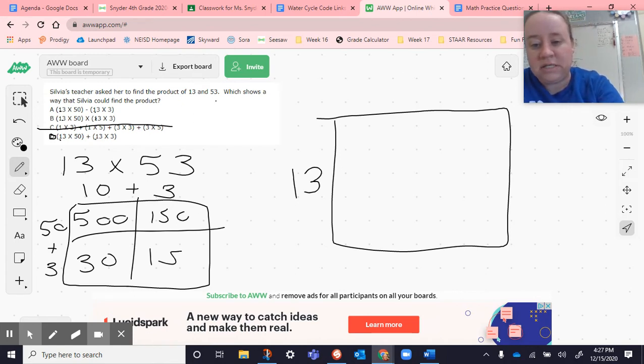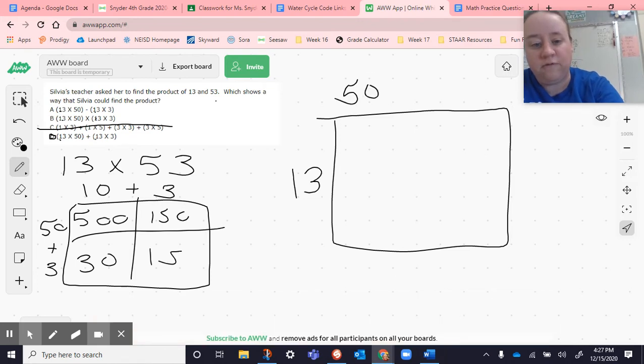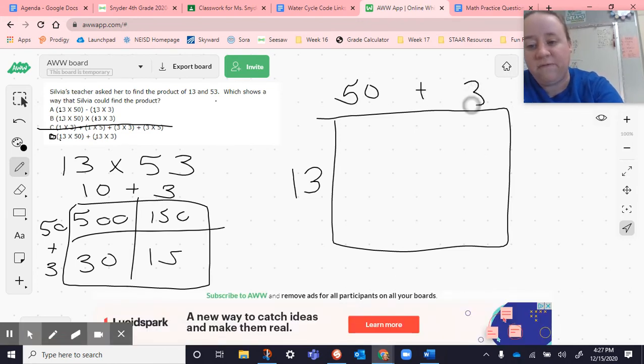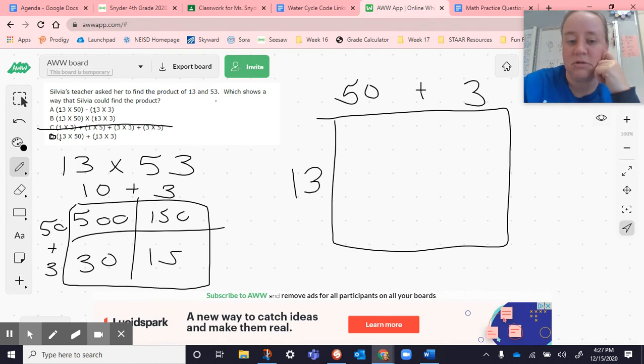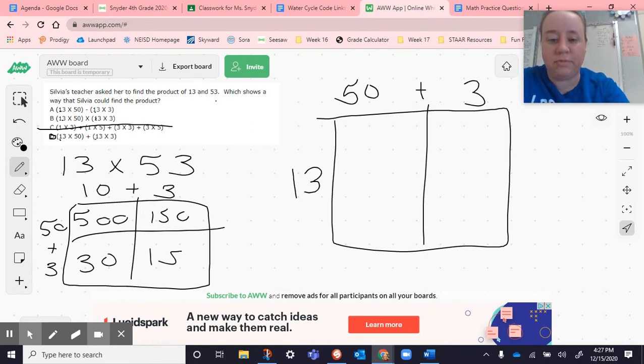So here, what they did is they said we're going to break that 53 down into 50 plus 3. Now when I do this distributive property, I'm saying 50 times 13 and 3 times 13. We're going to multiply that together. Or actually, let me write it.